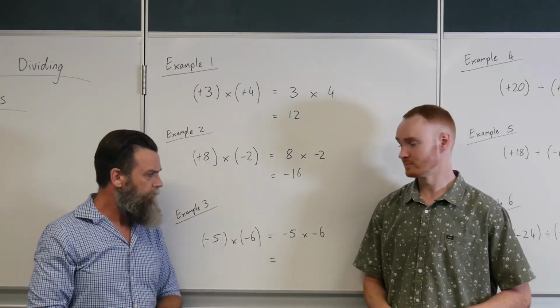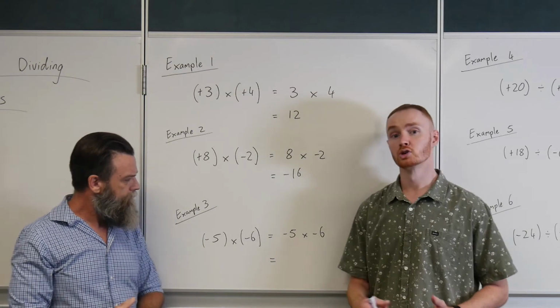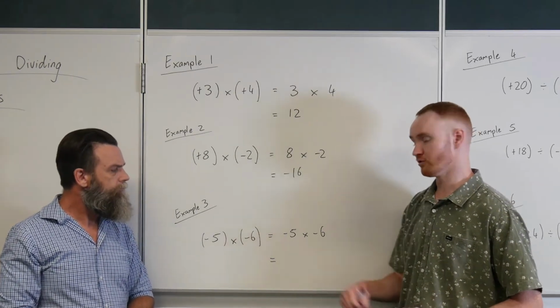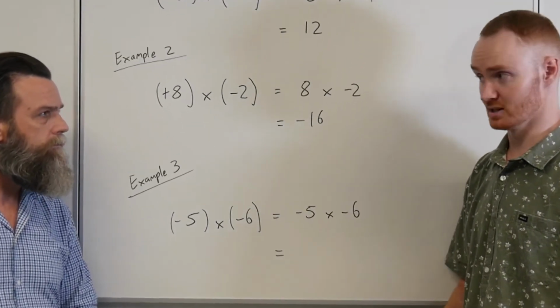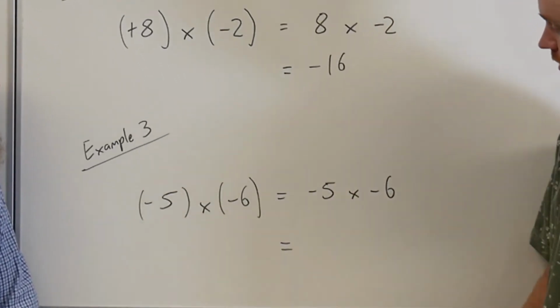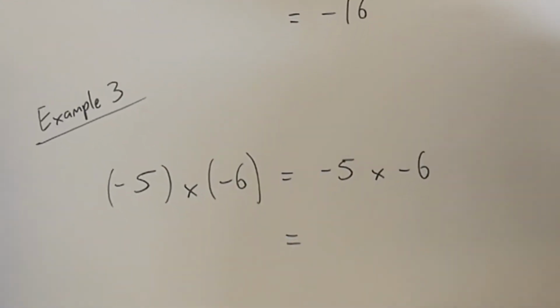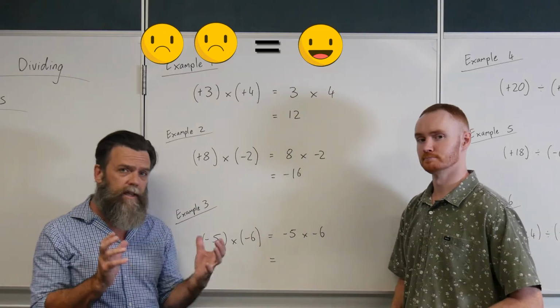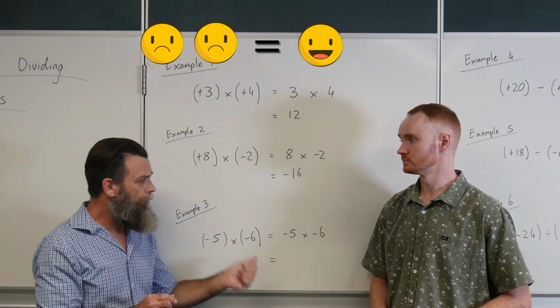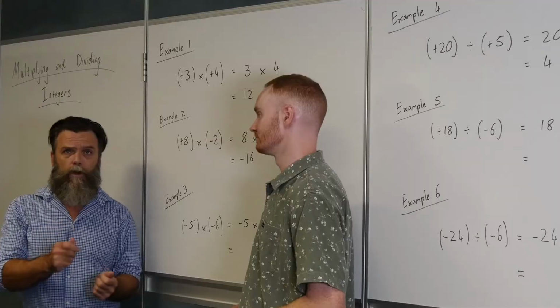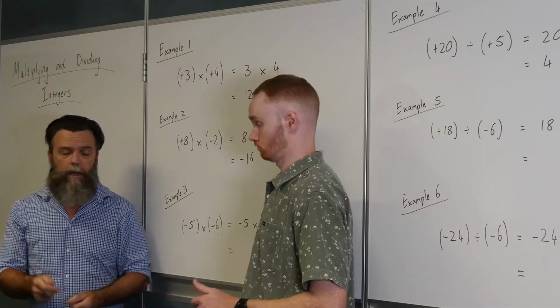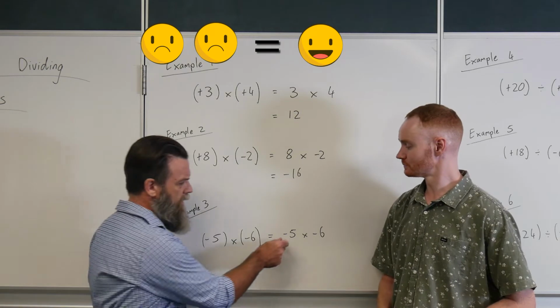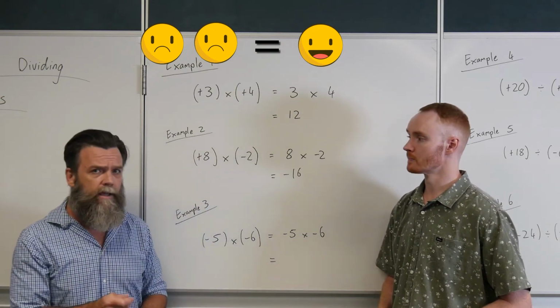That's right. Example 3, we've got two negative numbers now. Negative 5 multiplied by negative 6. Again, I've rewritten it without the brackets, negative 5 times negative 6. All right, Mr. Wilkie, what do you think is going to happen this time? Well, I'm going to stick to that same strategy as last time. I'm going to go 5 times 6 first. 5 sixes are 30, so I know my answer is 30, and then I'm seeing a negative multiplied by a negative.